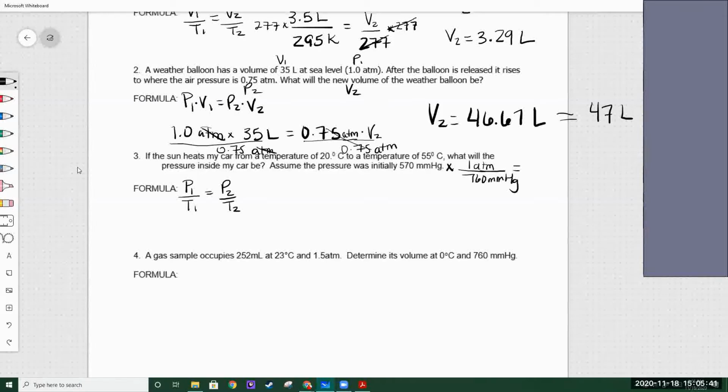And then my temperatures I would need to convert. So my initial temperature is 20 degrees Celsius plus 273, which gives me 293. My second temperature is 55 degrees Celsius plus 273, I believe 328.